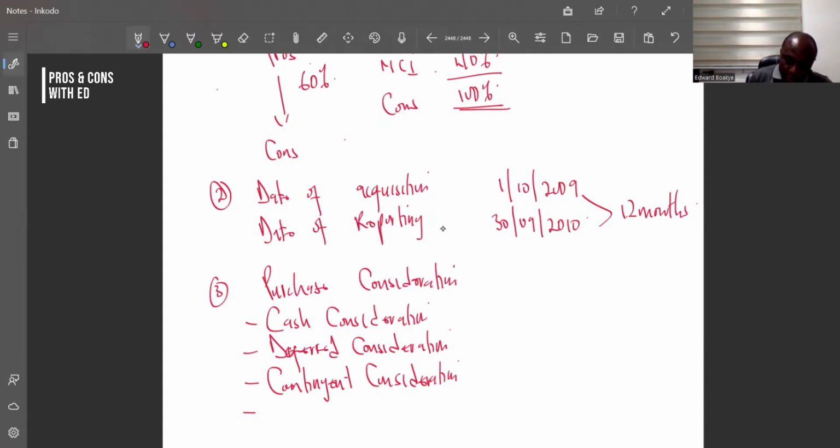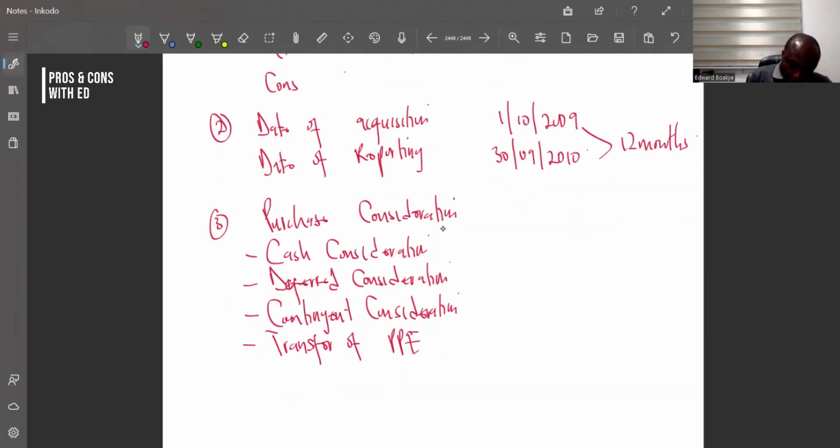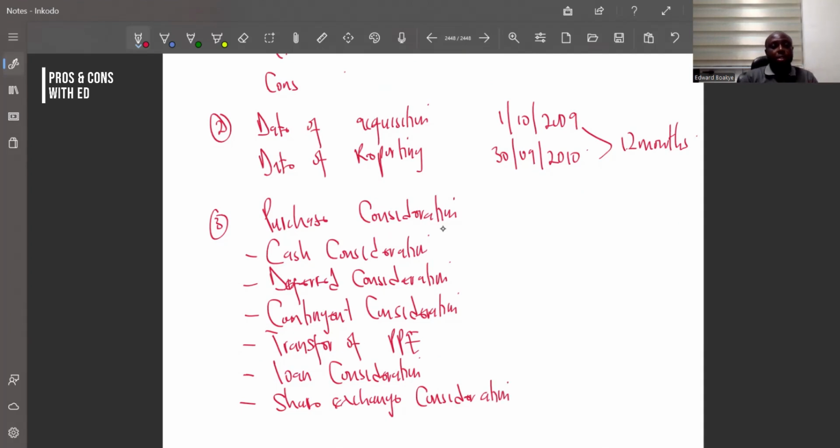We also have transfer of assets, or let me say transfer of a PPE. We also have loan consideration, and we have share exchange consideration. Each of these has a way of dealing with it, right?